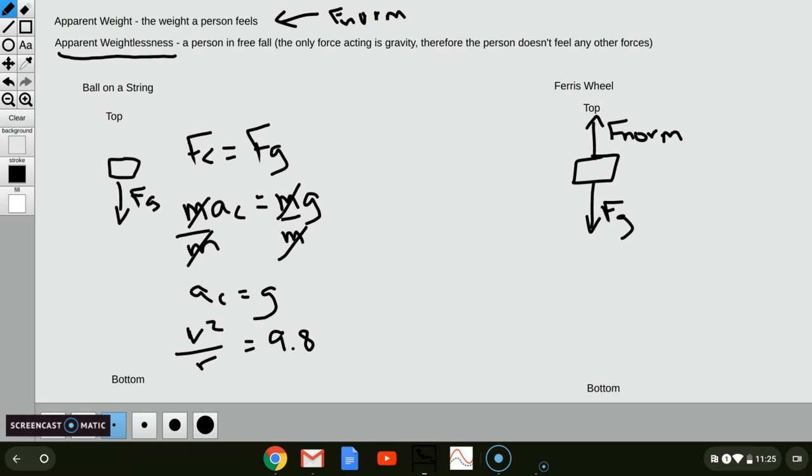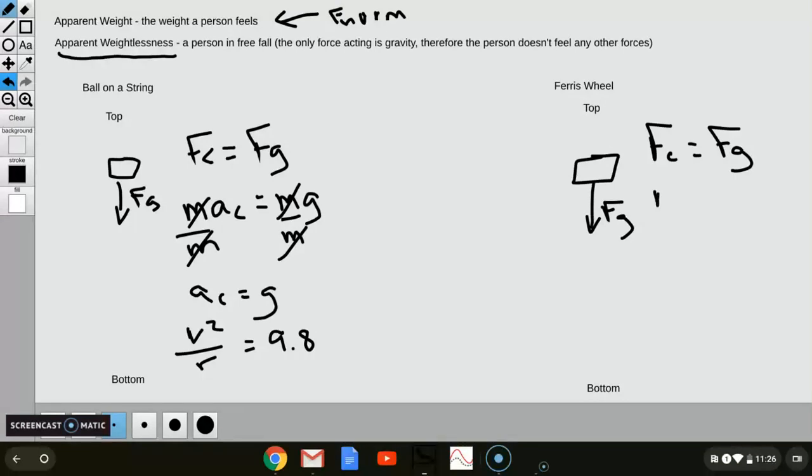So if we remove the normal force, just get rid of it completely, now we feel weightless because we're not able to feel gravity. Again, we know that Fc is equal to the sum of all the forces. Well, that is just Fg again.